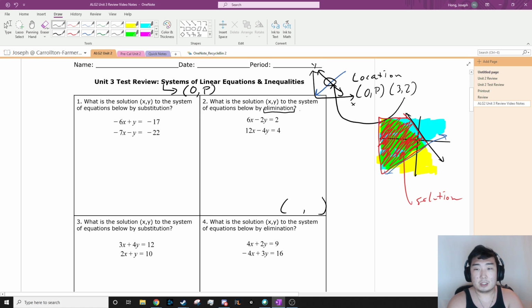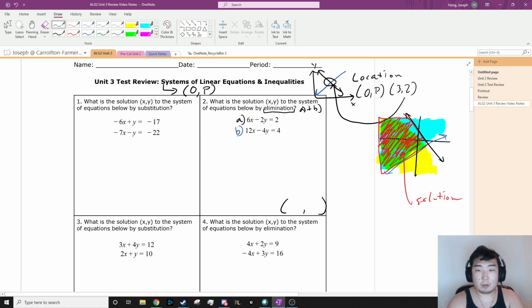So know that this is equation A plus equation B. If this is A and this is B, what can I do to add them together to get rid of a variable?